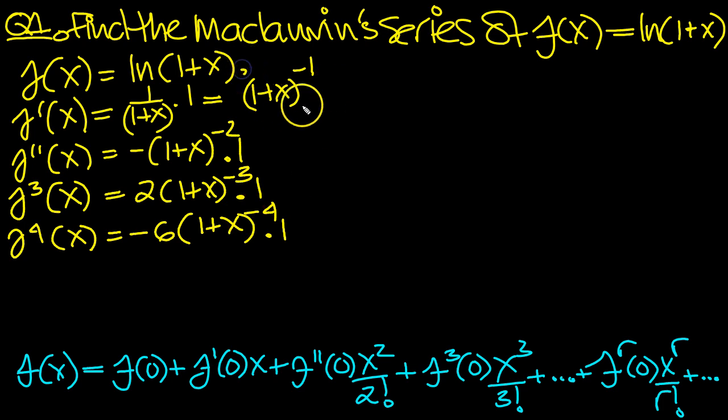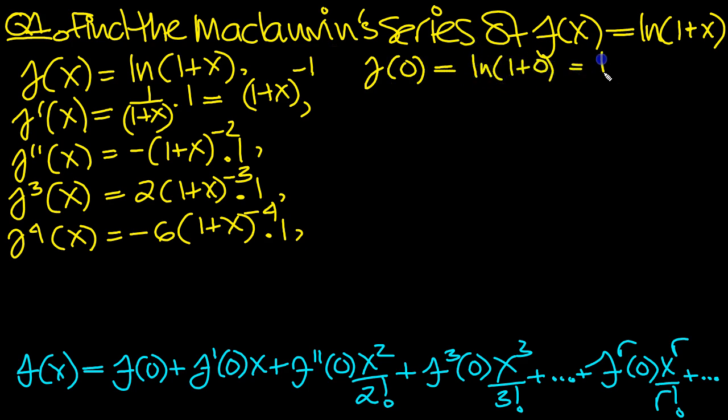So there's our values for the derivatives then. Okay, so let's do the f of zeros, so to speak. So f of 0: log of 1 plus 0, which is log of 1, which we know is 0.